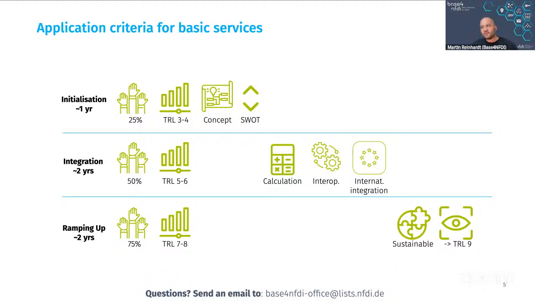You need a still quite low technical readiness level. You need a concept and some SWOT analysis. And during the integration and the ramping up phases, the technical readiness level needs to be raised even further, and a higher approval rate is necessary.